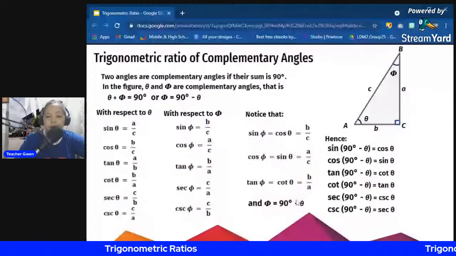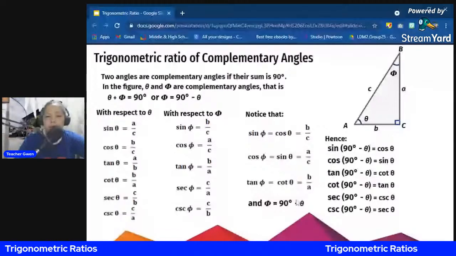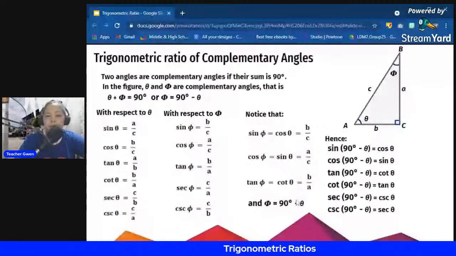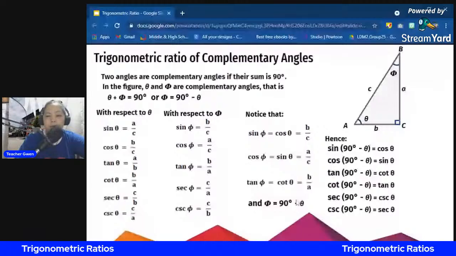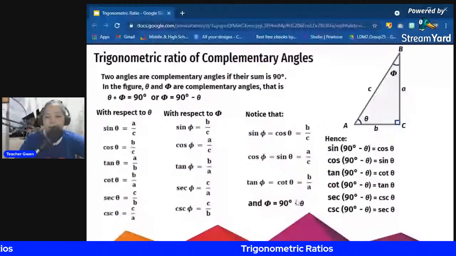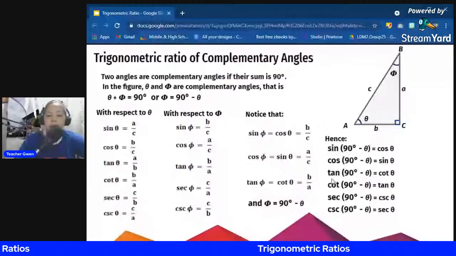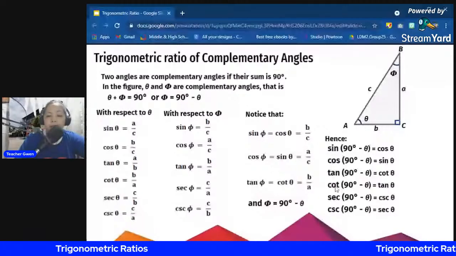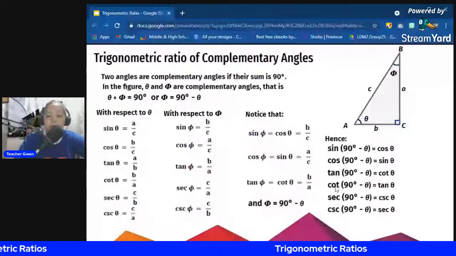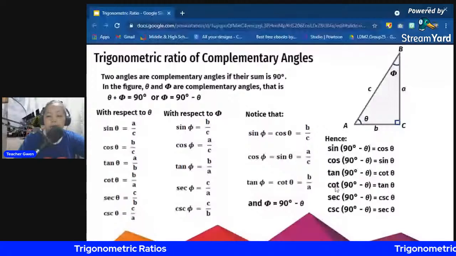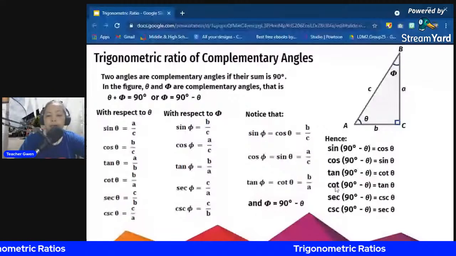So sine of 90 degrees minus theta is equal to cosine theta. Cosine of 90 degrees minus theta is equal to sine theta. Tangent of 90 degrees minus theta is equal to cotangent theta. Cotangent of 90 degrees minus theta is equal to tangent theta. Secant of 90 degrees minus theta is equal to cosecant theta. And cosecant of 90 degrees minus theta is equal to secant theta.